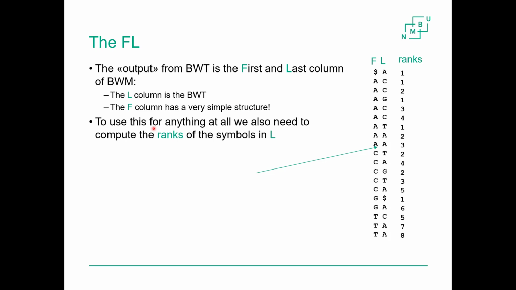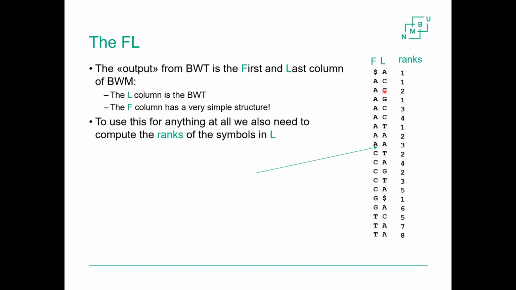To use this for anything, we also need to compute ranks, and that's what you see in this third column here. What do we mean by rank? Well, we simply go through the Burrows-Wheeler transform here now, the L column, and we count how many times we see each symbol. So A, this is the first time we see an A. So this is rank 1, right? For A's. This is the first occurrence of a C. It has also rank 1.